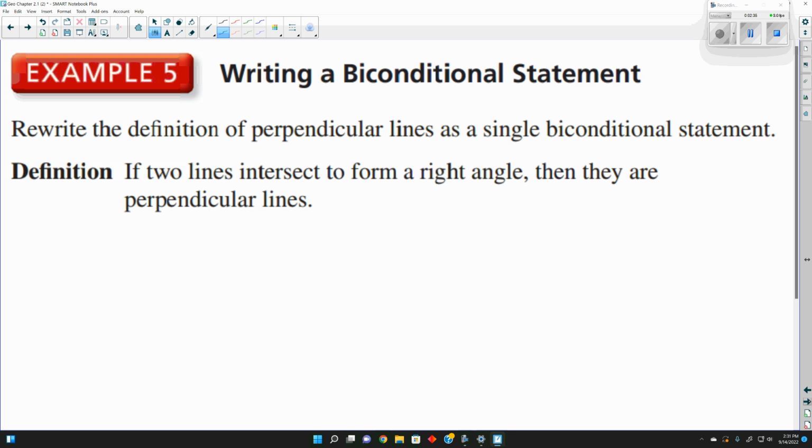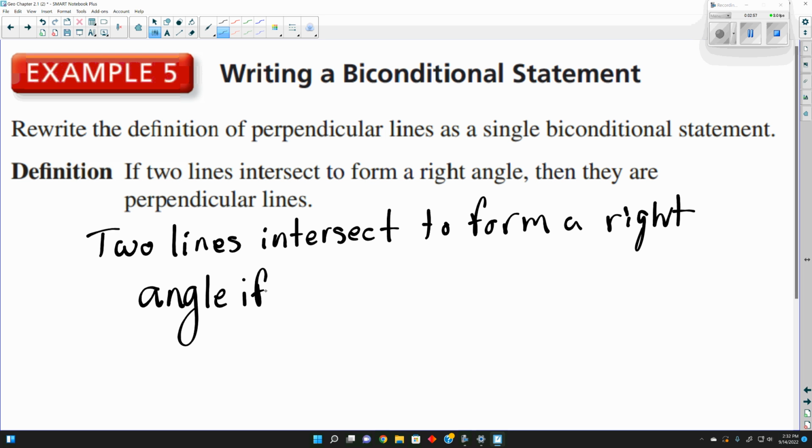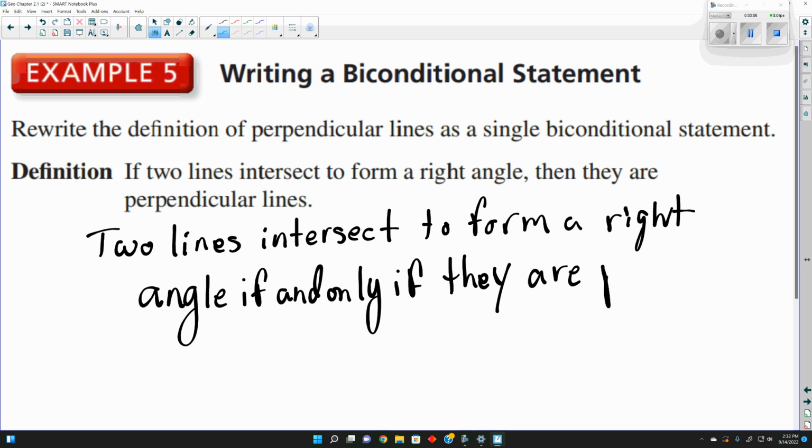It works both ways. And since it works both ways, we can say two lines intersect to form a right angle if and only if they are perpendicular lines.